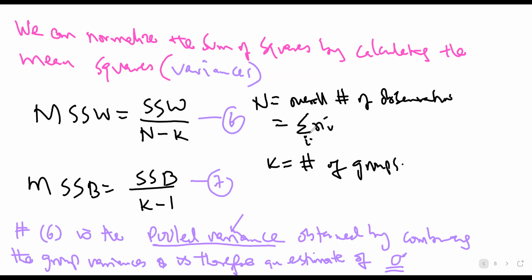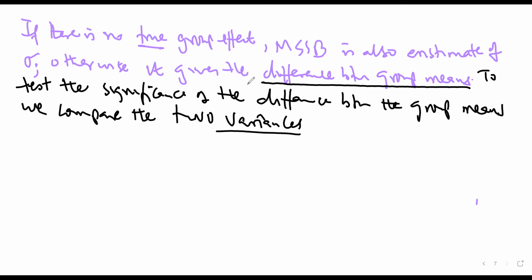Because equation number 6 and 7 are some variances, as we mentioned earlier. And I think you remember when in hypothesis testing, we were doing some test of hypothesis to compare two variances. So here we compare the two variances, that is the mean sum of squares between and the mean sum of squares within.